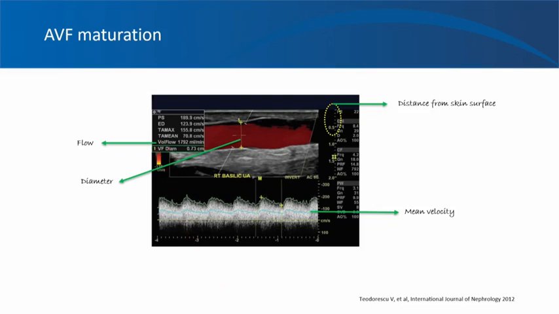In this case, it is 1792 ml per minute, which is way higher than your minimum flow of 600 ml per minute. So essentially this fistula has good diameter of more than 6 millimeters. It's lying at a lower depth from the skin surface, less than 6 millimeters, and it has a great flow of 1700 ml per min. So it's usable for cannulation and a nicely maturing fistula.